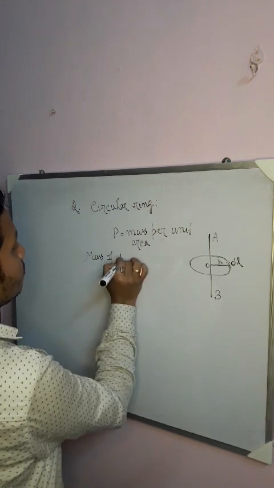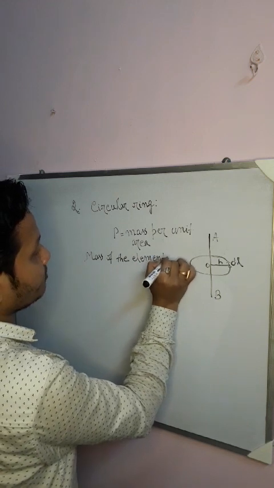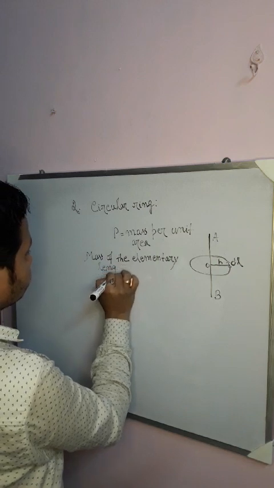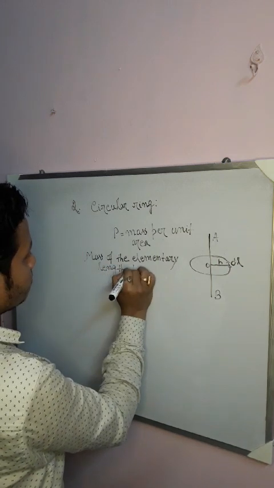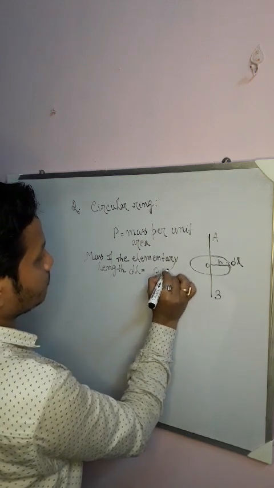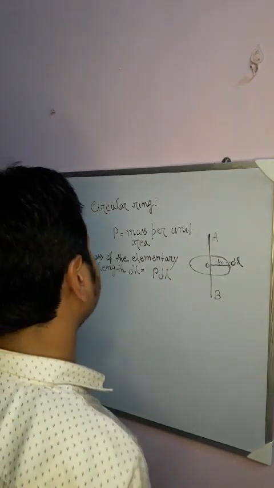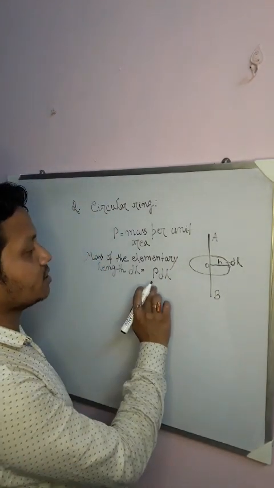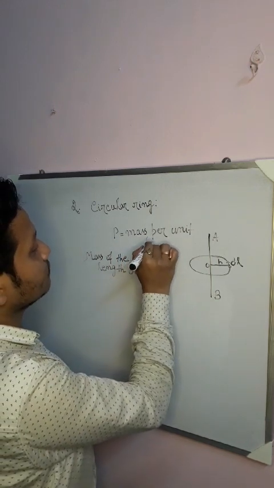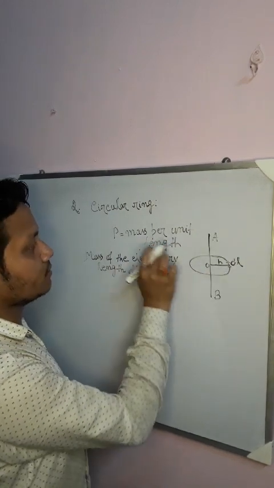Mass of the elementary length dl, this is rho into dl. Sorry, rho is mass per unit length, because circumference is length, so I made a mistake.